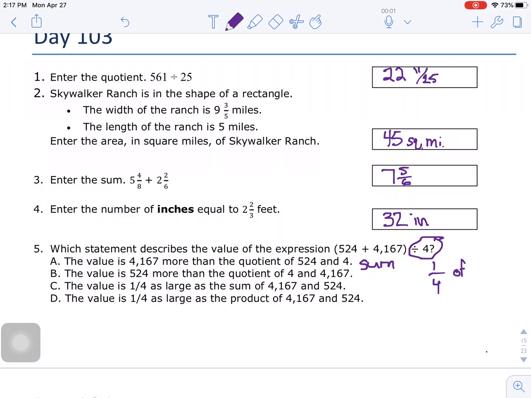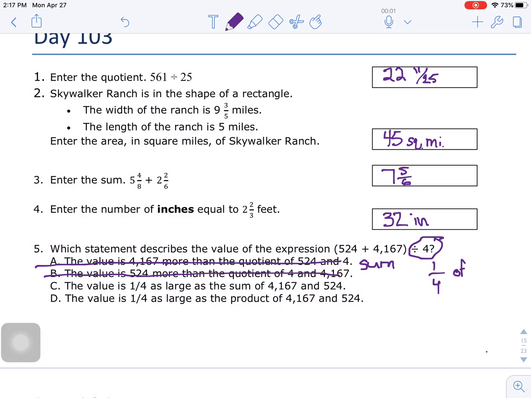Okay? So as we look at these, we can cross out A because we have to take what's in the parentheses together. We can cross out B, again, for that same reason. 524 is being added to 4,167, so we're finding the total of that.